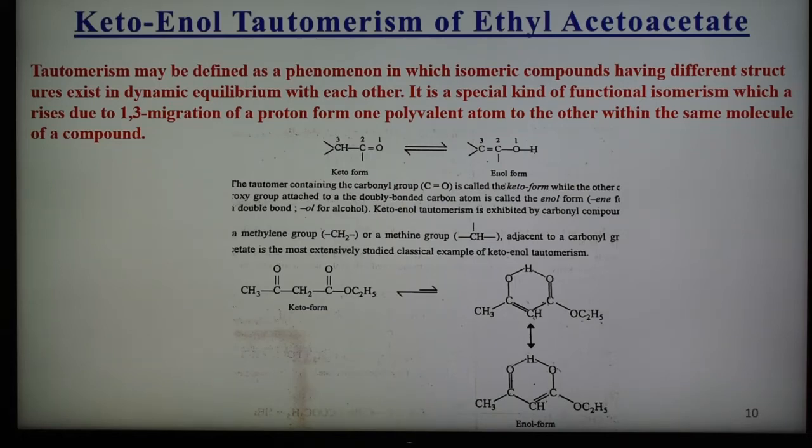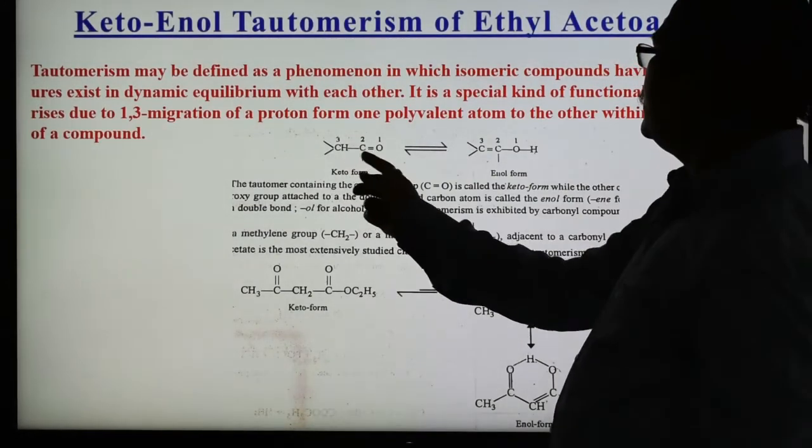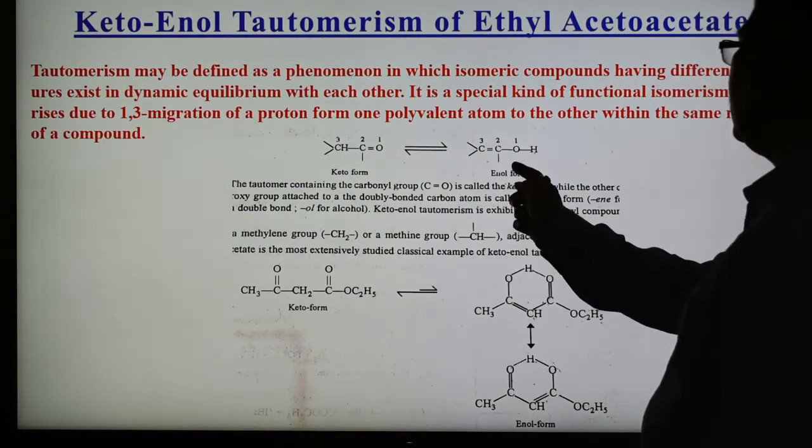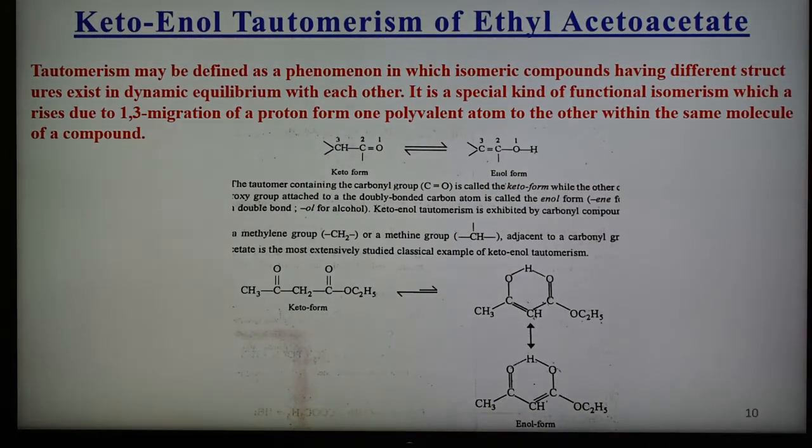Many types of tautomerism are known, and the most important is keto-enol tautomerism, in which two isomers are in equilibrium, one a keto form and the other an enol form. As shown here, this is the keto form having a CO group, and the equivalent rearrangement is the enol form having an OH group. Both are similar, but one is keto and the other is enol.